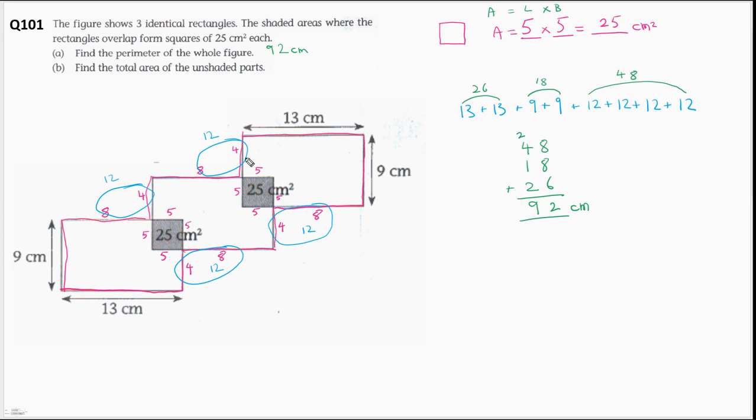And the unshaded parts are these bits here, okay? And often when you've got questions like this and you've got shaded parts and unshaded parts, what you do is find out the area of one part and subtract the area of the part that you don't want, okay?